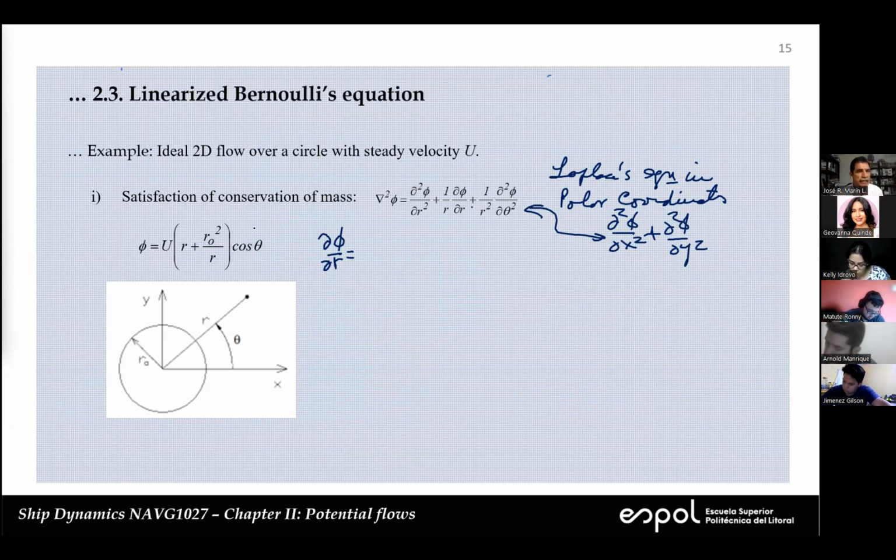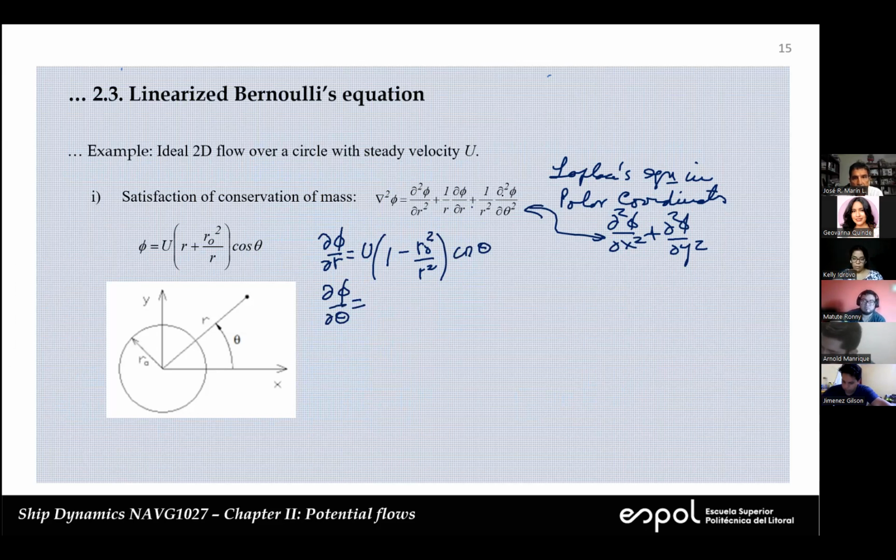Okay, Jimenez, you have it? First derivative with respect to r. It is U times 1 minus r0 squared over r squared, times cosine of theta. Okay, now the phi d theta.